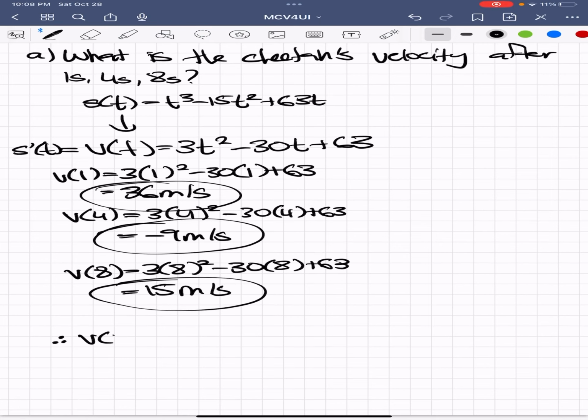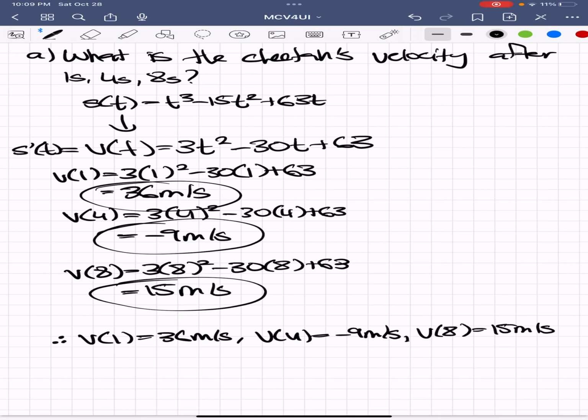So v of 1 equals 36 meters per second. V of 4 equals negative 9 meters per second. And you can see at v of 4, the cheetah is most likely moving in a negative direction because the velocity is negative. And v of 8 is 15 meters per second as well.